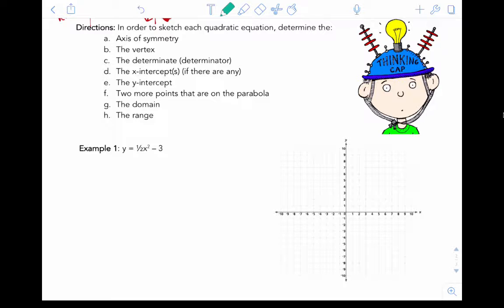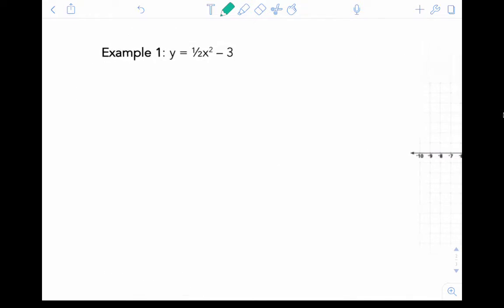It crosses the axis of symmetry. You need to determine your determinant, your x-intercepts if there are any, and you can figure that out by finding that determinant. The y-intercept, two more points that are on the parabola, the domain, and the range. So let's go through and let's do this.